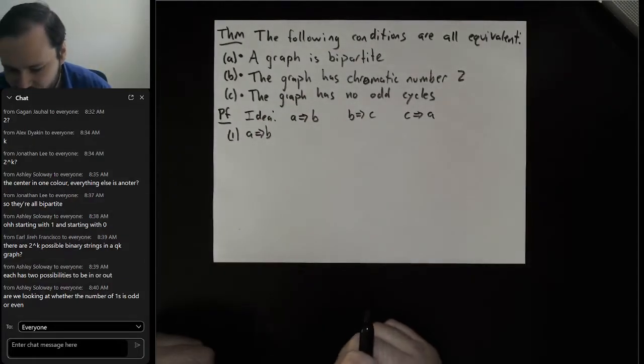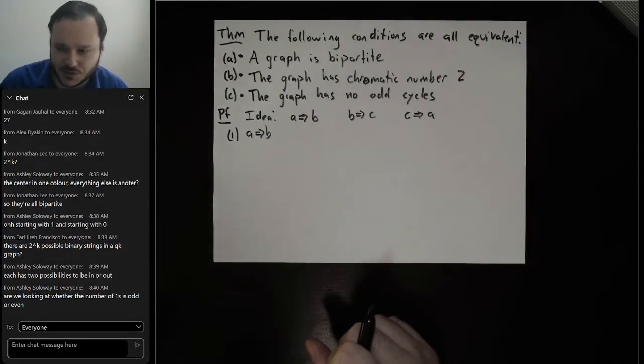If a graph is bipartite, then it has chromatic number 2.